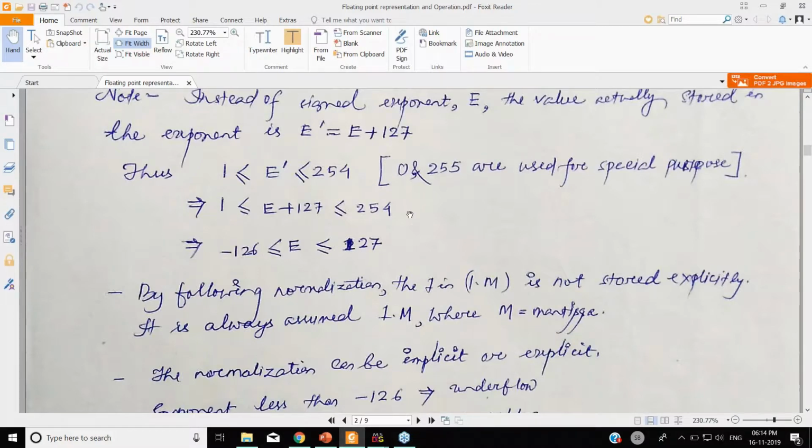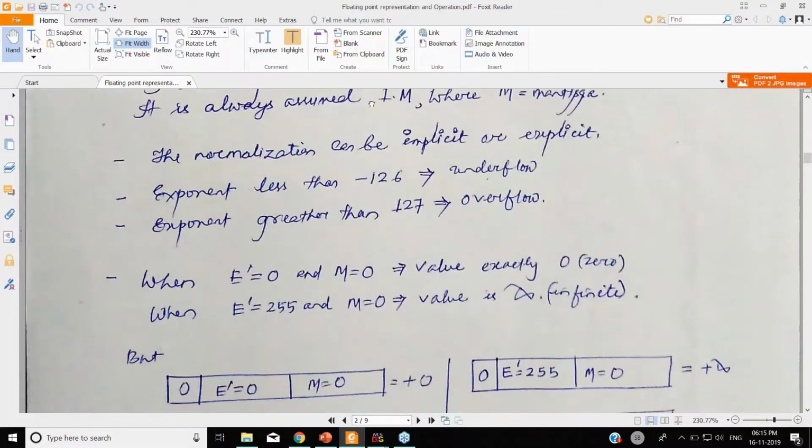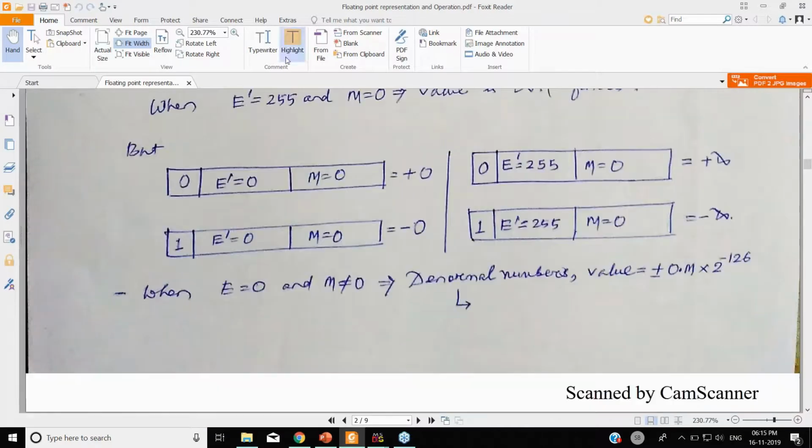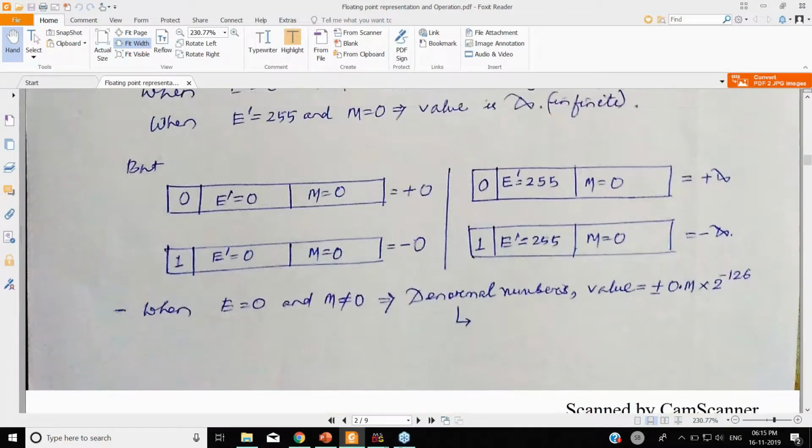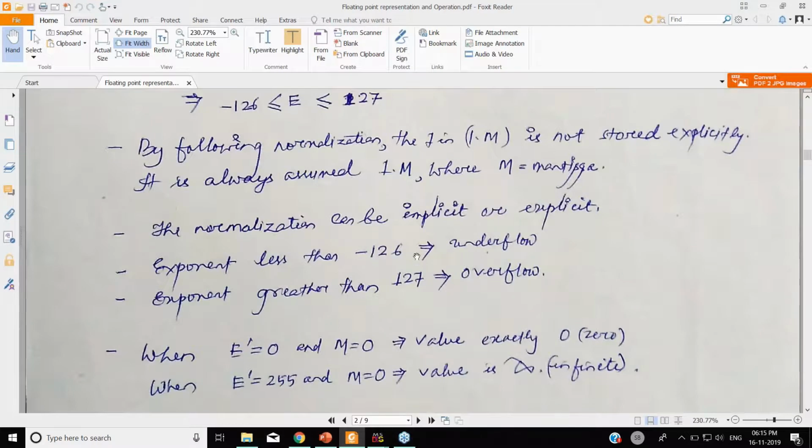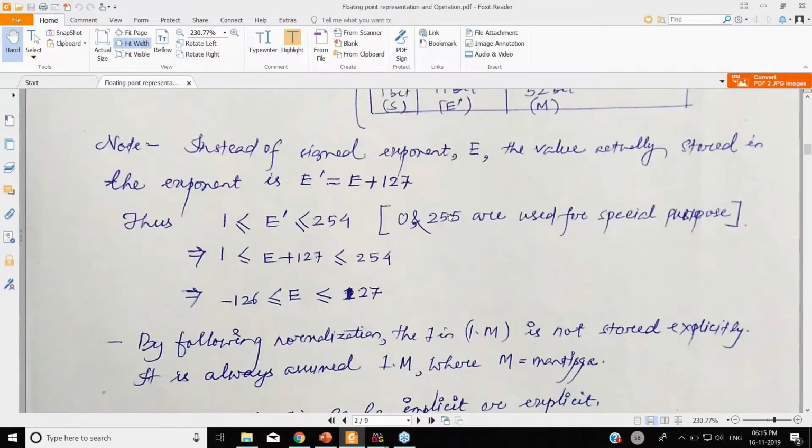Similarly, 254 minus 127 is equal to 127. So the exponent value that we evaluate can range from minus 126 to 127, but in reality, when we store it, it ranges from 1 to 254. So why have we preserved these values 0 and 255?